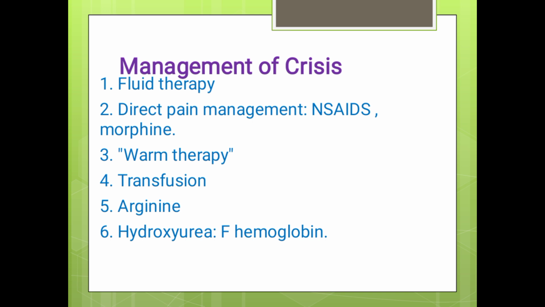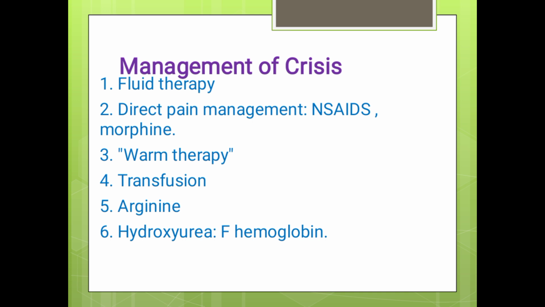So if you go ahead and load this patient more with NSAIDs, at the end of the day, you end up worsening the patient's situation. Therefore, it is advisable to take caution when giving this, especially in renal dysfunction. You can compromise the function of the kidneys.